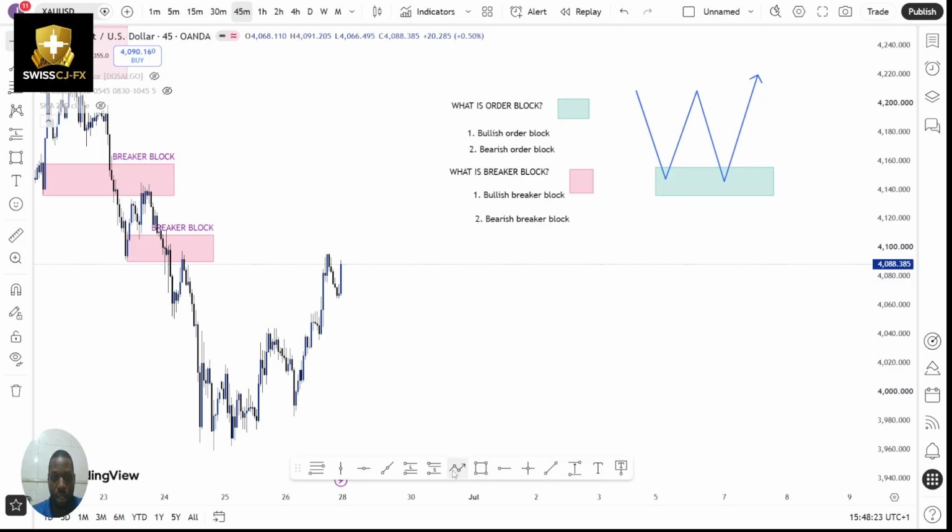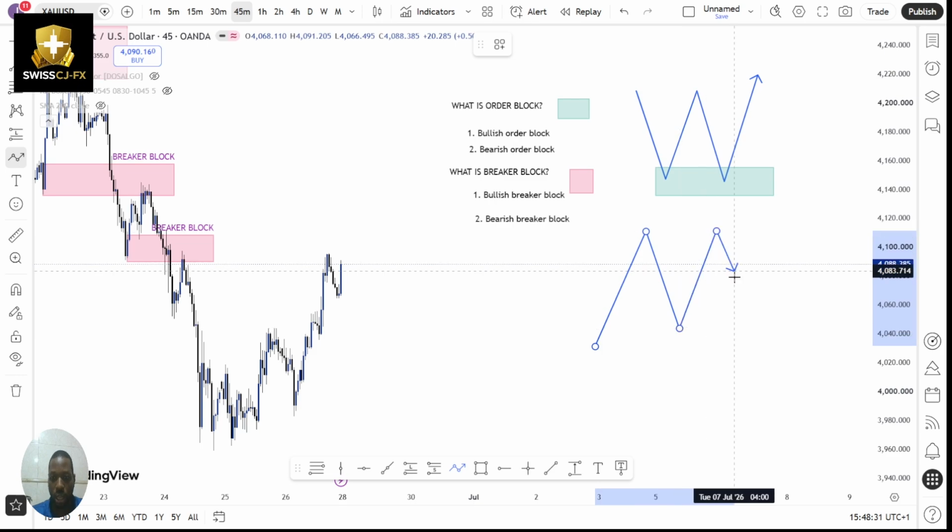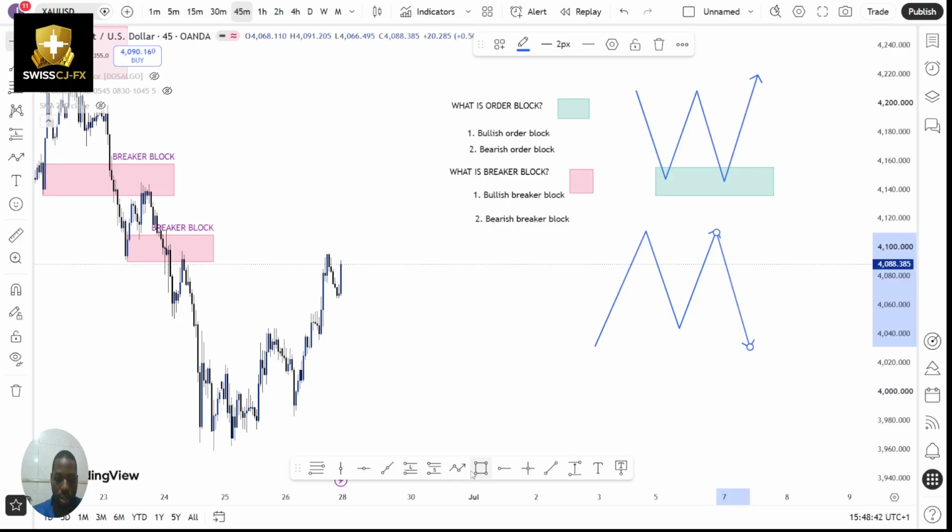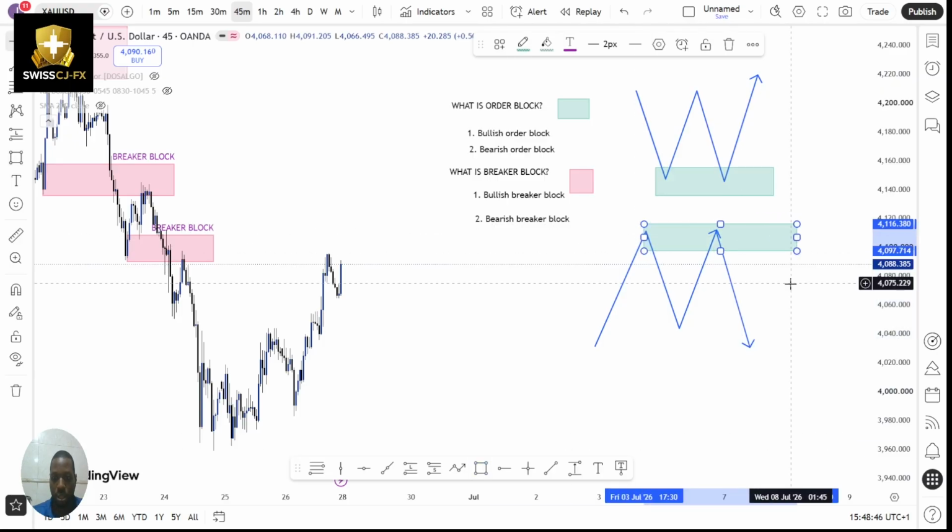Then the bearish order block is identified using the M pattern. Price comes there, tests the zone, and finally falls down. So this is the bearish order block right here.